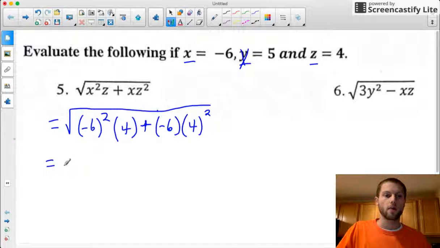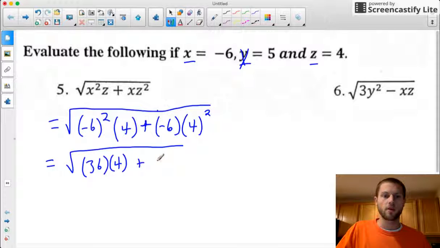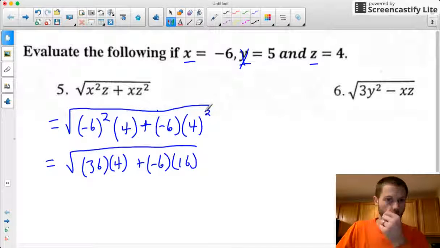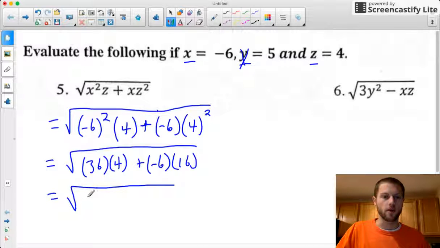So my first step, I'm going to square this -6, and -6 times -6 is positive 36 times 4 plus -6 times 16. So first I square this 4 before doing the multiplication here. And this is going to equal 144.